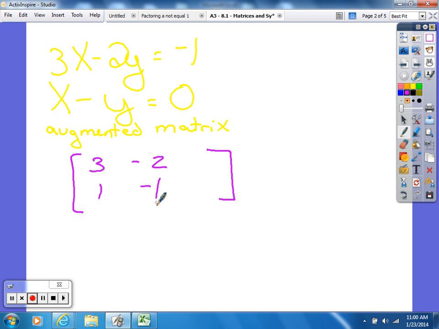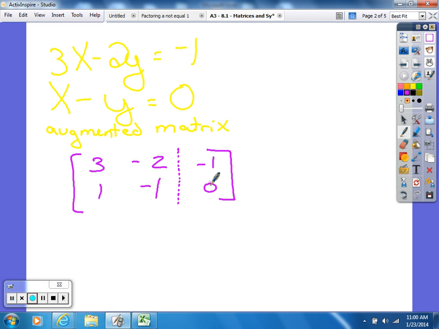Now, with an augmented matrix, we actually put a dotted line after what we have been known as the coefficient matrix. What we've talked about before is the coefficient matrix. And then after the dotted line, we write our answers. So officially, you made your first augmented matrix.